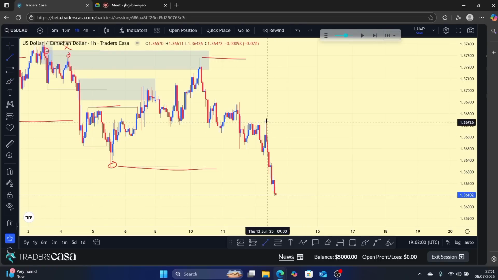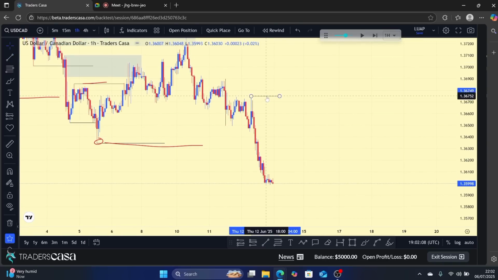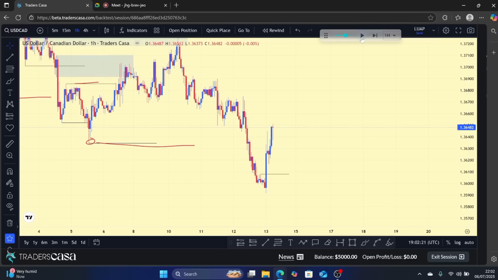Right now the inducement is this one here because that's the recently formed valid pullback. So let's see. All right, price ended up creating another one down here. It's this one actually. Price created this one here. So we'll be waiting for a takeout past it. Yeah, exactly. So price has taken out that one, and hey, that was very abrupt.